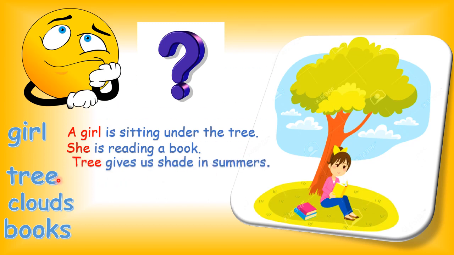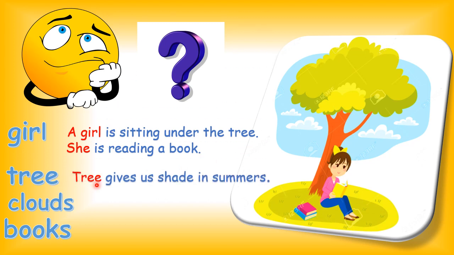Now let's talk about the tree. Tree gives us shade in summers. So what are we talking about? We are talking about the tree. So tree is the subject here. And this blue part, gives us shade in summers, is giving information about what? About the tree. So this is the predicate.